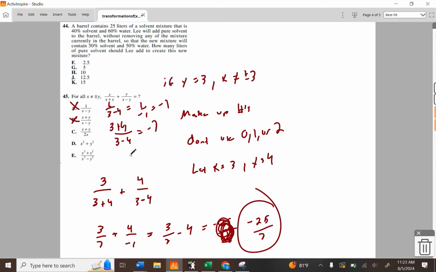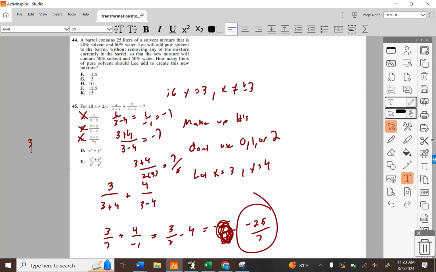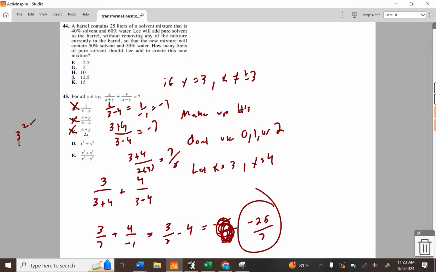Check C. 3 plus 4 over twice x, 2 times 3. That's 7/6. Choice D, 3 squared plus 4 squared. That's not it. That's, what, 25? Means it's going to be E.